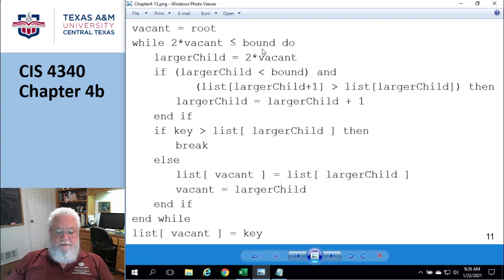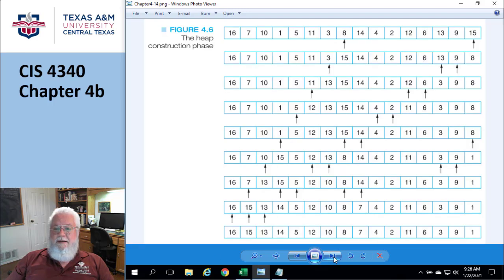The heap fix is, build the heap, and then this is the fix guy, where I go through and find out, oh, I need to switch things around. Okay. It should be fairly obvious that most of the work is happening in the heap fix guy. So here's the first part, where I'm in the construction phase, going through and building the original heap. Okay, that kind of makes sense?